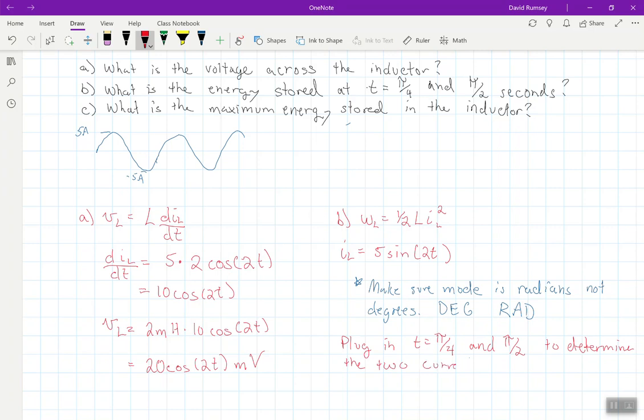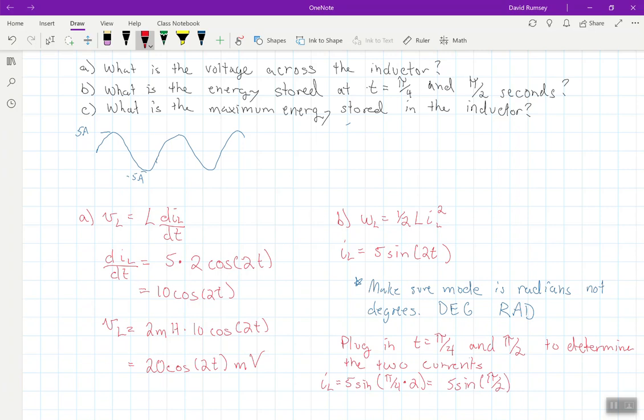We're going to have the energy stored at pi over 4 seconds, and we're also going to have the energy stored at pi over 2 seconds. If I do that, IL for one of them would be 5 sine of pi over 4 times 2, which would be 5 sine of pi over 2.